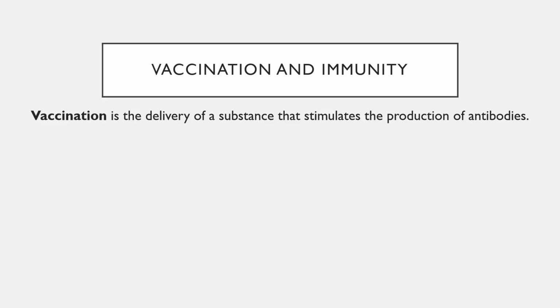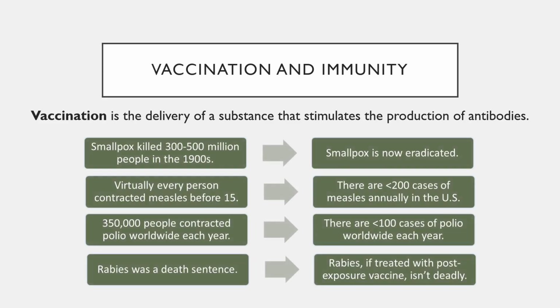To give you an idea of how impactful vaccination has been, in the 1900s, the disease known as smallpox killed 300 to 500 million people, whereas today, because of vaccination, smallpox is now eradicated. Smallpox is a viral disease that has no antibiotic treatment available, but because of vaccination, there are no more cases of smallpox in the world.